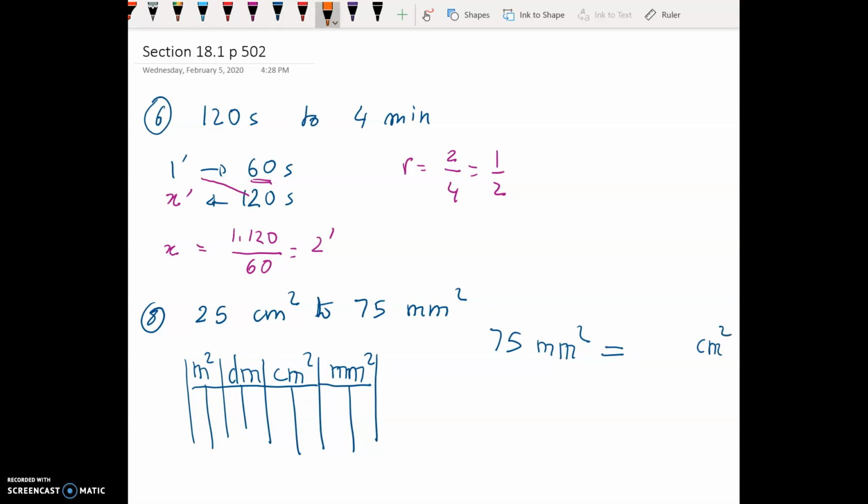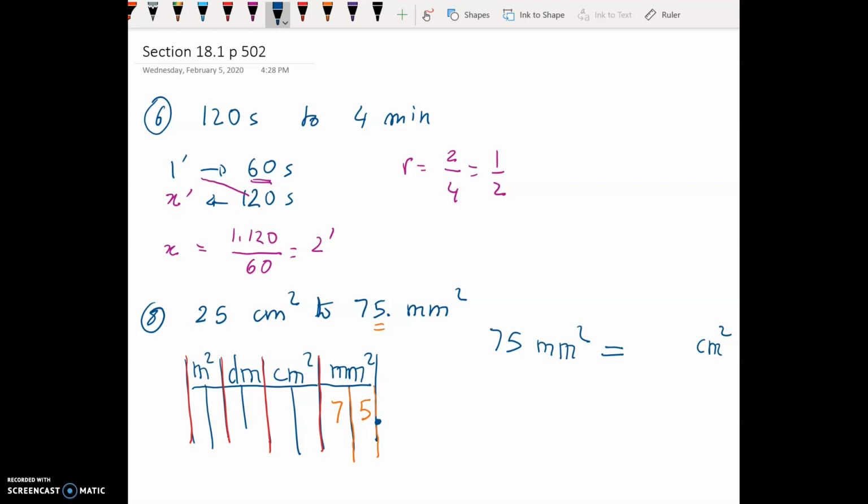For that, I'm going to recognize that 5 is the number of units, and the first column of each big column corresponds to the column of the unit. So 5 should be in the column of the unit of square millimeter, so 5 should be here, therefore 7 should be right there. 75 square millimeters, the dot is right here.